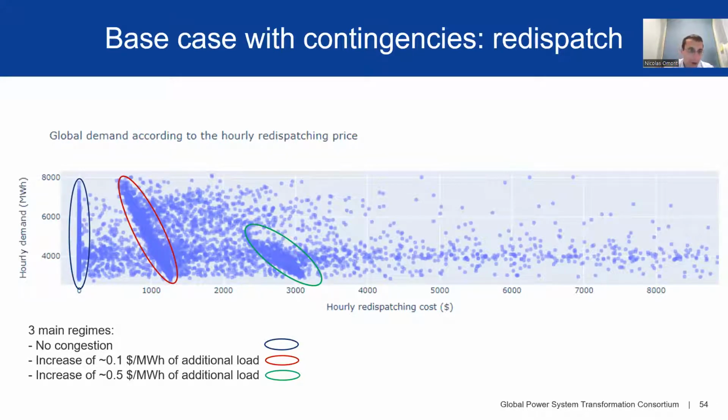Either there is no congestion, when the hourly redispatching cost is 0, or there is a zone where the additional congestion cost of 1 additional megawatt hour of demand is around $0.1, and another one where it's around $0.5.